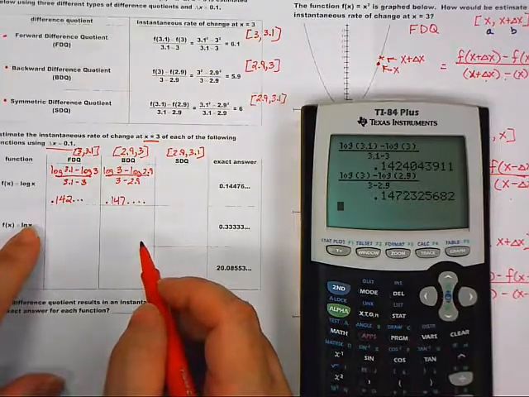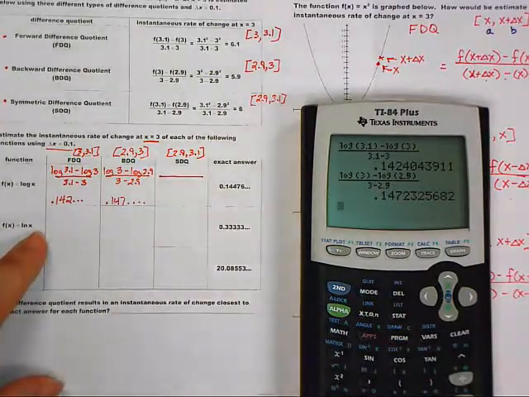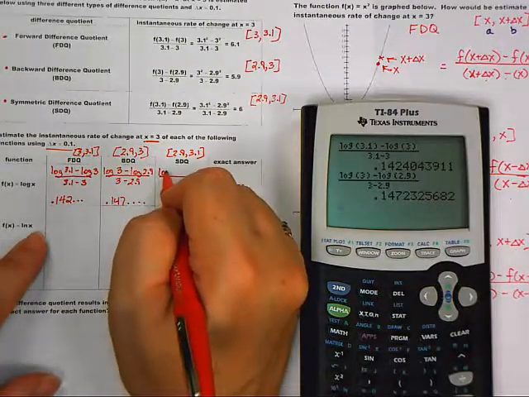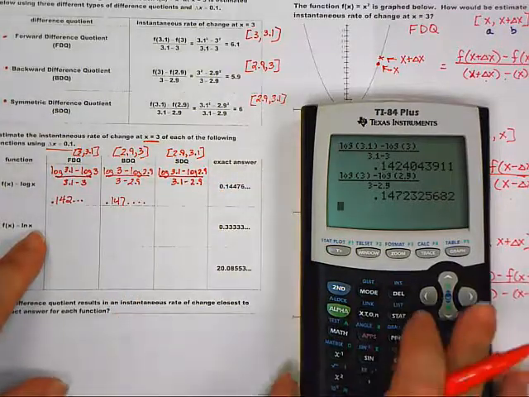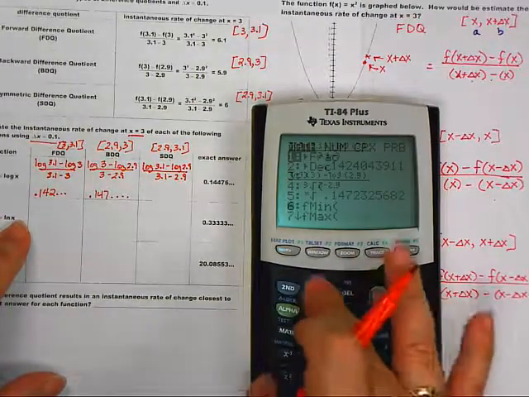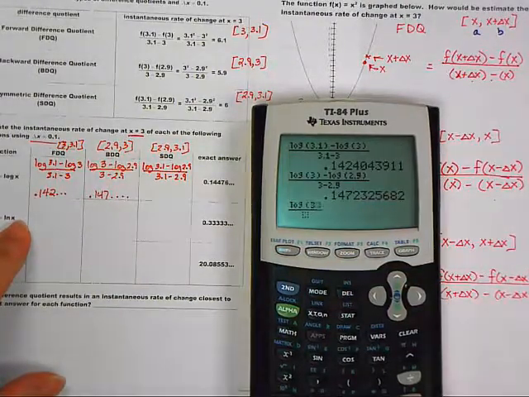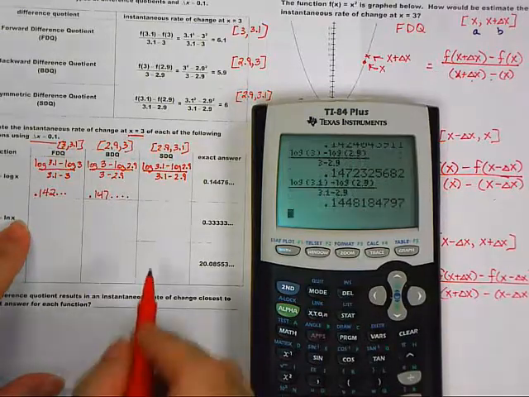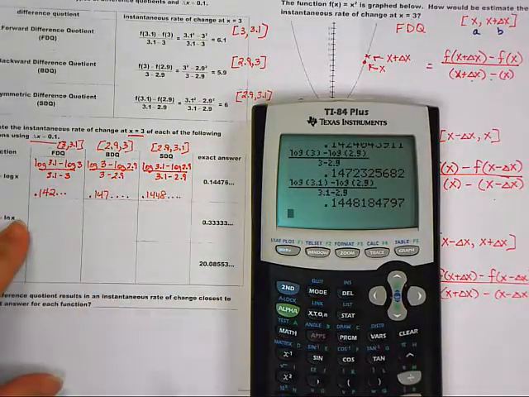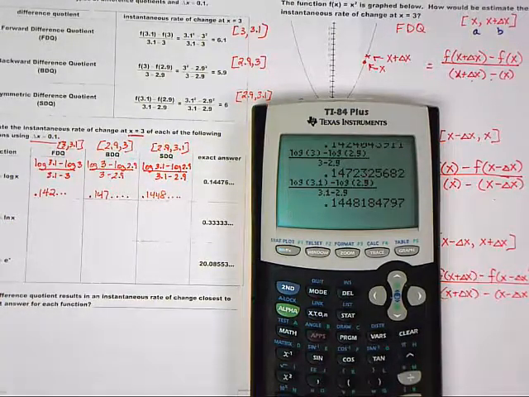I want you to do the last one with your table. Now I went out 4 decimal places on the last one just to show exactly how close it was to the exact answer. So is our theory correct? Is symmetric the best? Yes, it is.